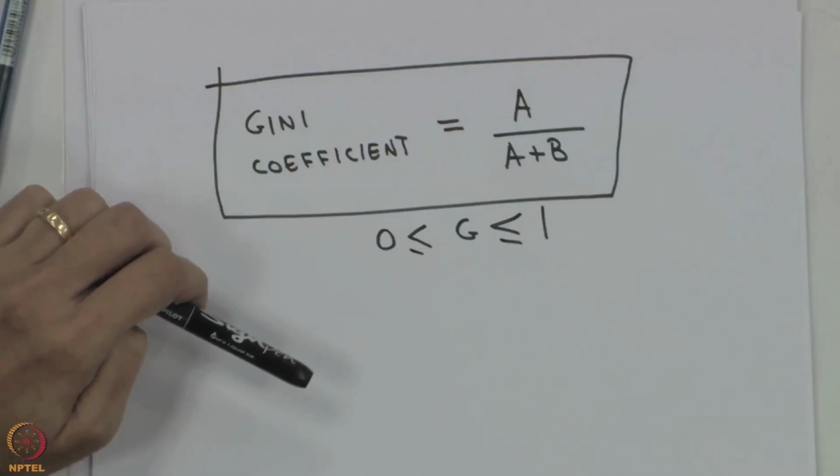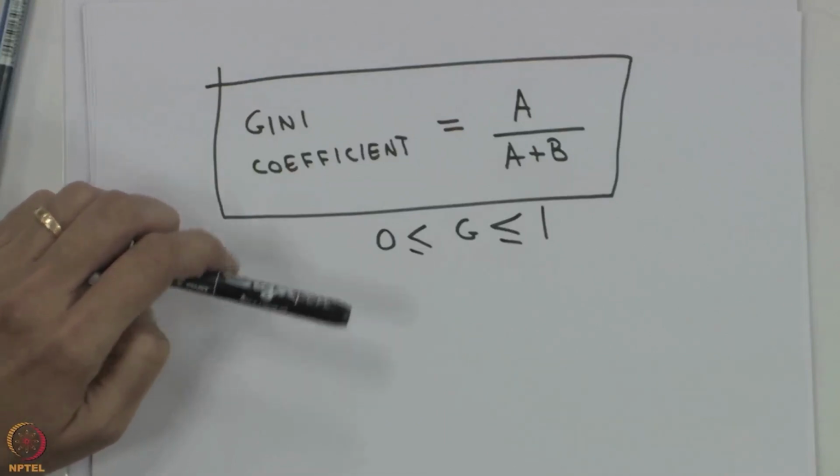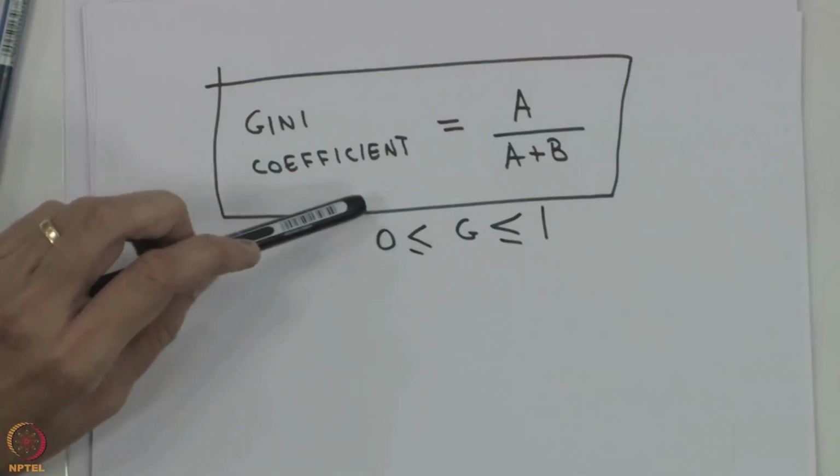Anything in between, the lower the Gini coefficient, the more equal is the society.